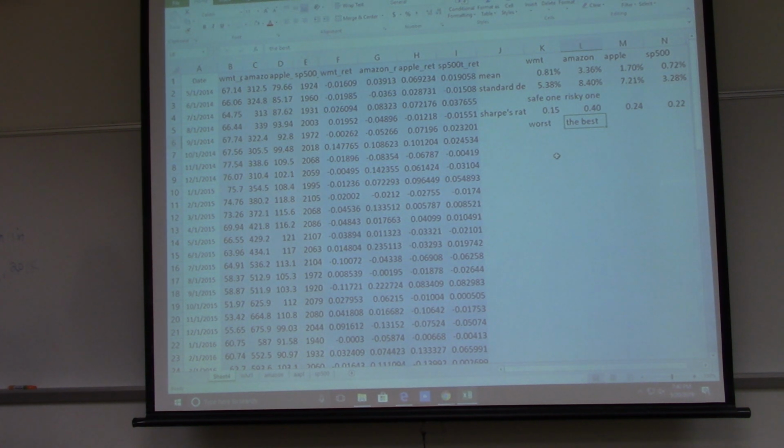And then you pick the highest ratio, because that tells you for one level of risk, one standard deviation, how much returns you can get. So it considers both the return and the risk. So the best one is Amazon.